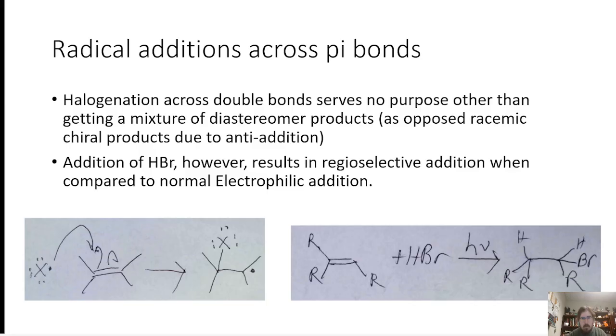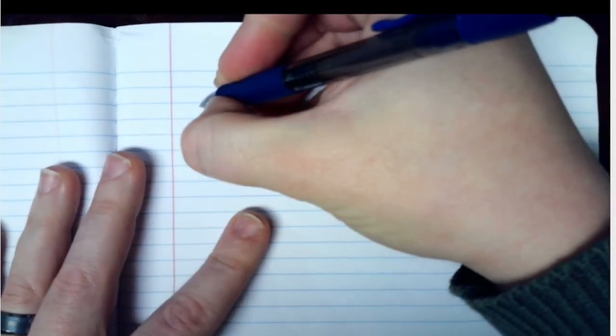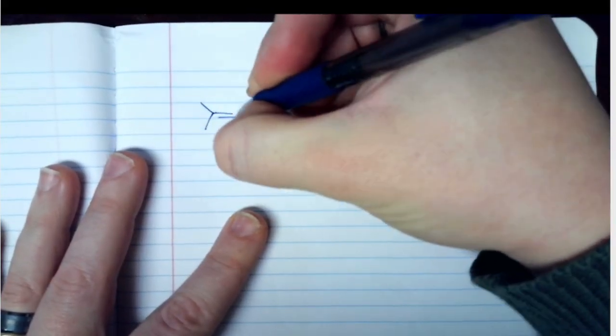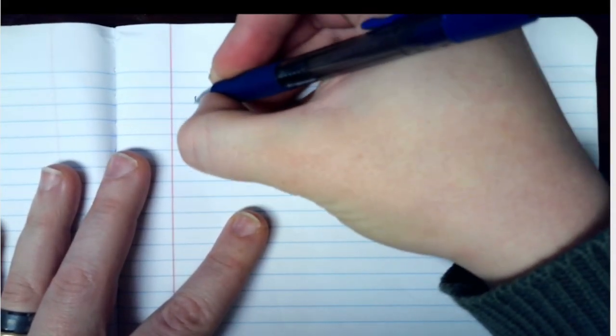it's all about the order of addition. Normally, let's look at that and think about that for a second. Normally, if we're doing electrophilic addition, remember we're doing that by charge.